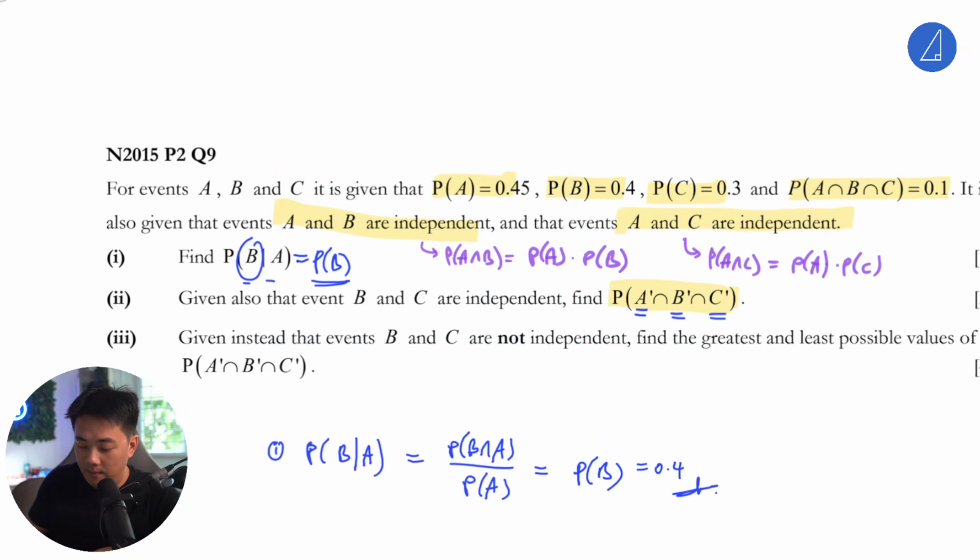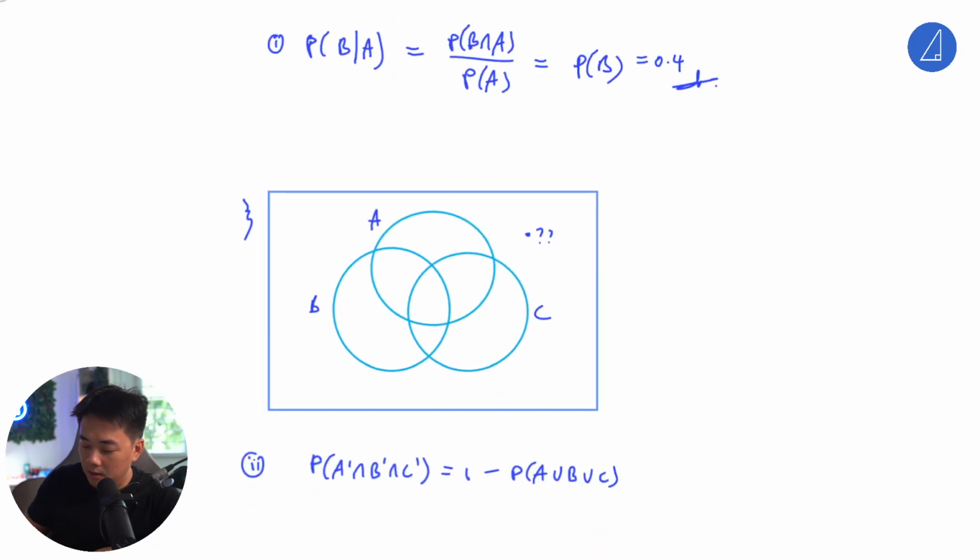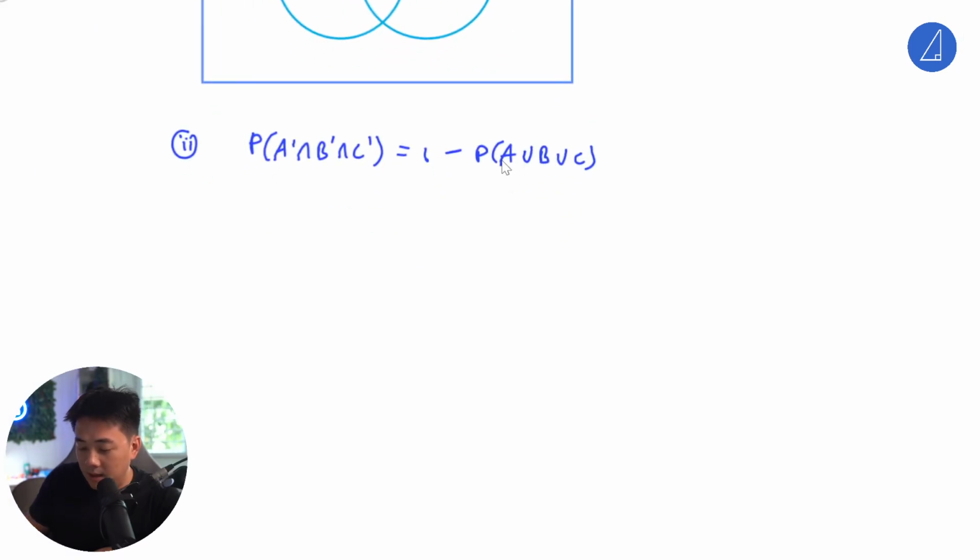Okay, so we were also given that B and C are independent, meaning to say we could use P(B∩C) is P(B) times P(C). Okay, so in this case here, this formula here, we know that this is nothing more than you take P(A) plus P(B) plus P(C), right?